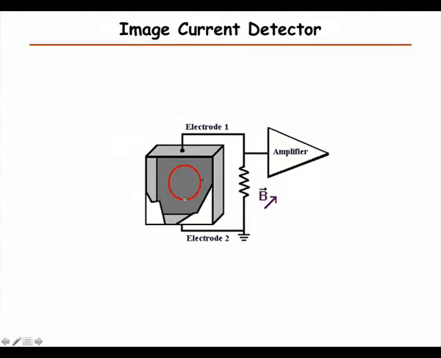Since this particle is charged, it will affect the electrons in the two electrodes, and you're going to get a signal as this particle goes around many times. That's what you then use to calculate its mass. And we're going to see later on, you usually use a magnetic field to make the particle go around.